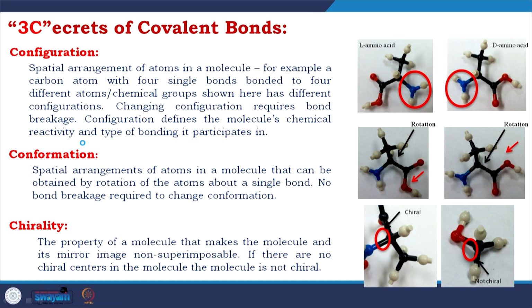If there is no chiral center, the molecule is not chiral. So, configuration, conformation and chirality are 3 secrets of covalent bonds which are utilized towards formation of these biological macromolecules and take a very significant part in their property development.